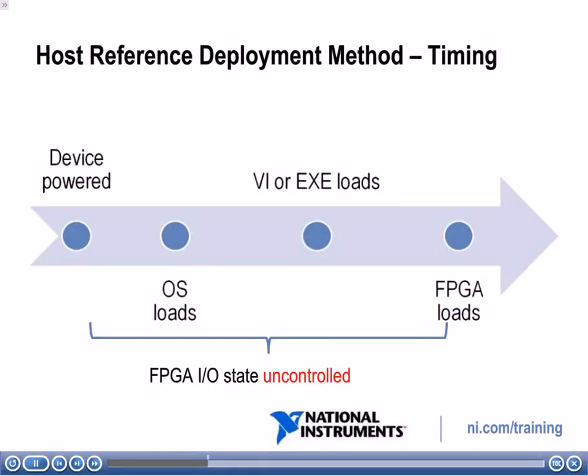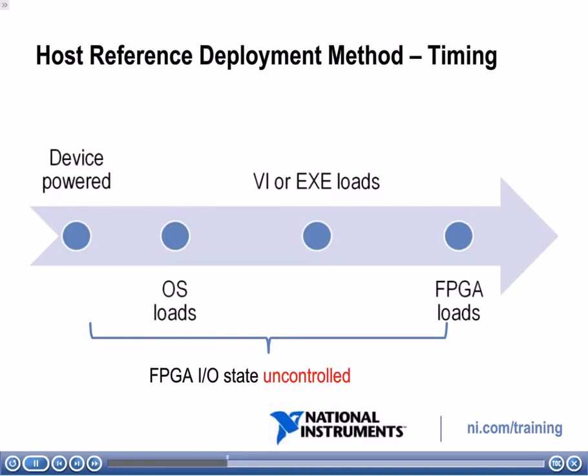Here we see the timing that's associated with the host reference deployment method. This is a timeline of our host computer and FPGA. First, we power on our host computer. Then that host computer, whether it's Windows or an RT target, has to load the OS. After that, we have to make sure that our host VI or host exe is loaded and running.